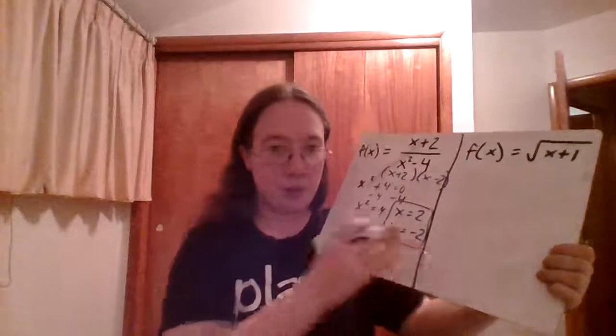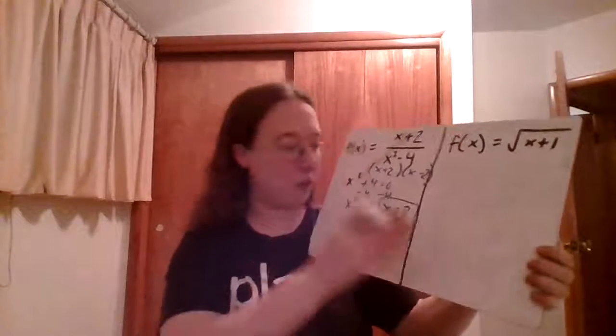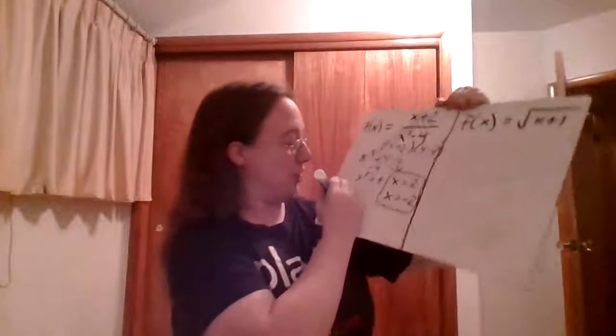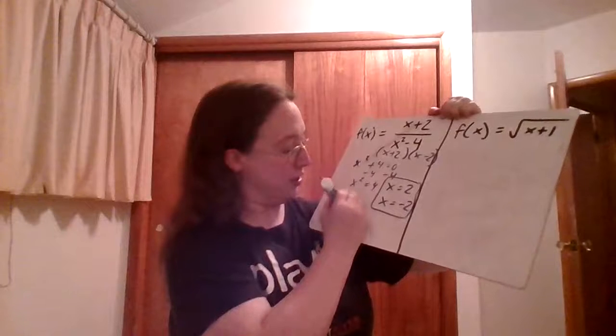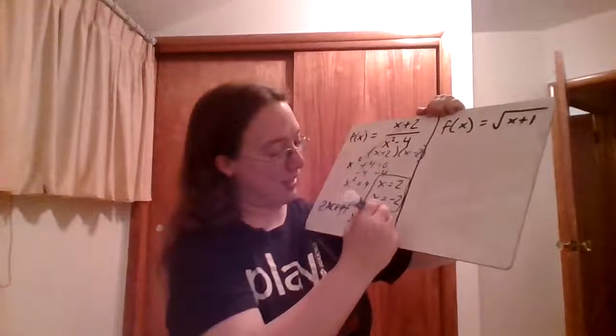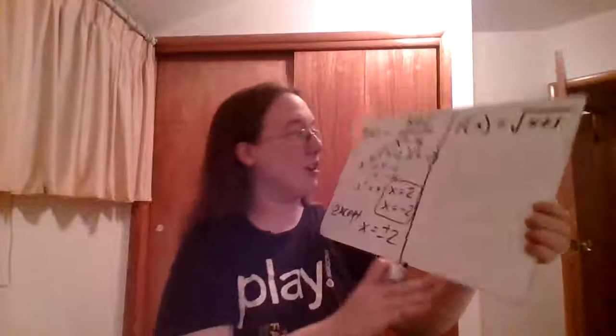So there are a couple different ways that you could say where it is and where it's not continuous. Probably the simplest thing to do is to just say it's continuous everywhere except positive and negative 2.